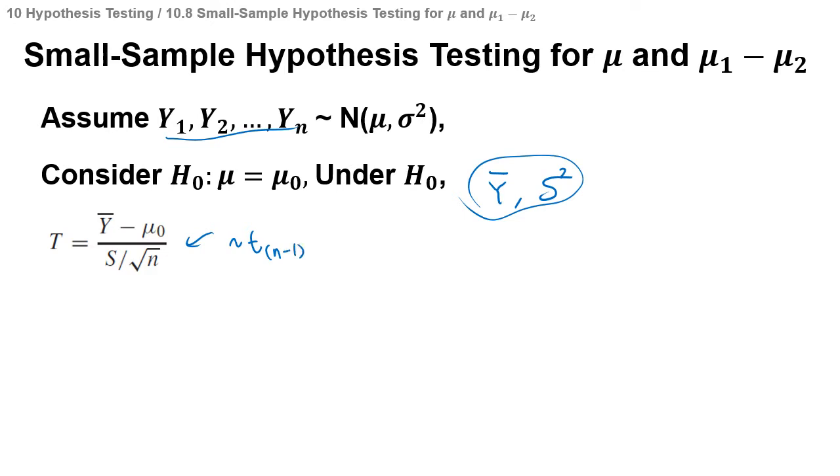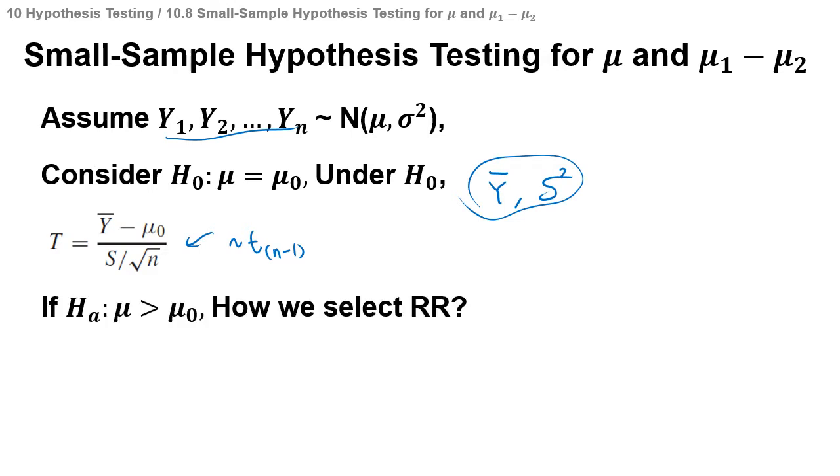So we are going to use this as our test statistic, and if our alternative hypothesis is mu is greater than mu0, then how can we select the rejection region? If the true mu is greater than mu0, then probably we are going to have a larger y bar.